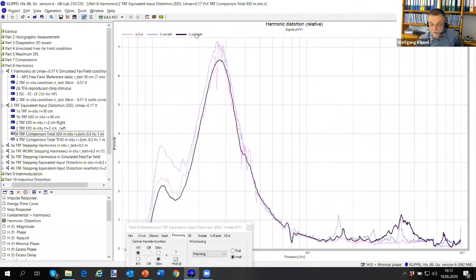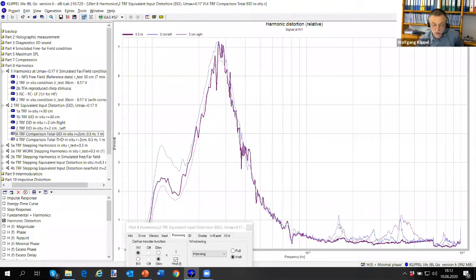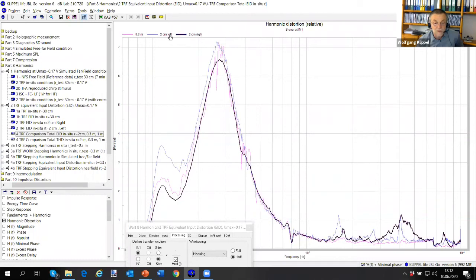Here we see different equivalent input distortion. This is 100% generated at the input by the same transducer. Here we have different distortion in the surround from the modal vibrations. So that means here at 30 centimeters, it's more or less canceled out. But on the left and right side, we see some different modes.